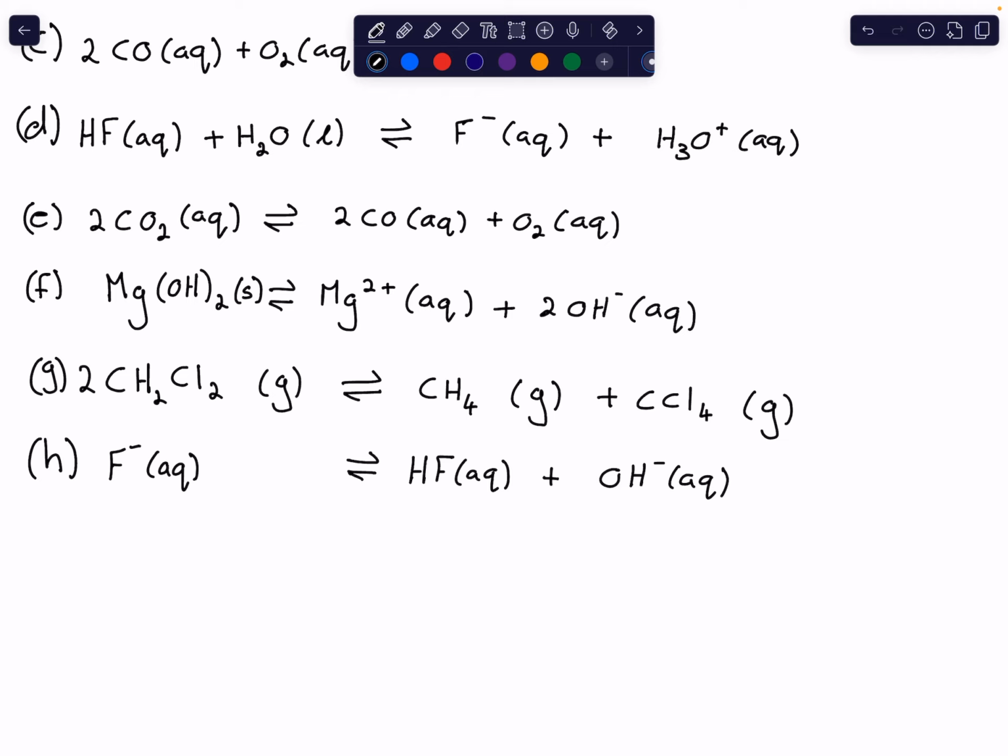If we look at the balancing, we see there's an F minus, and there's only an F on the product side. But there's 2 H's and an O on the right hand side. So that means we need the infamous water on the left hand side, on the reactant side, and water will be in the liquid state, because this happens in aqueous solution.